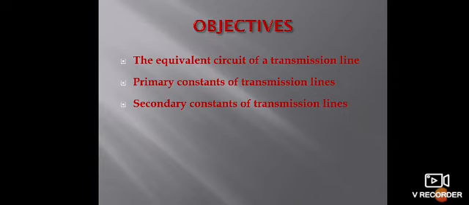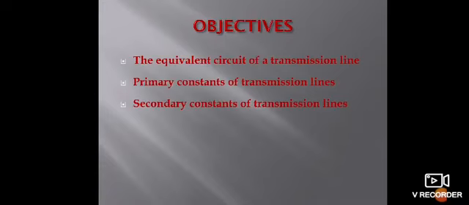So whenever we have a transmission line acting as a two-wire transmission line, we will have the resistance, inductance, conductance and capacitance. All of these four parameters can be present whenever we use the transmission line.